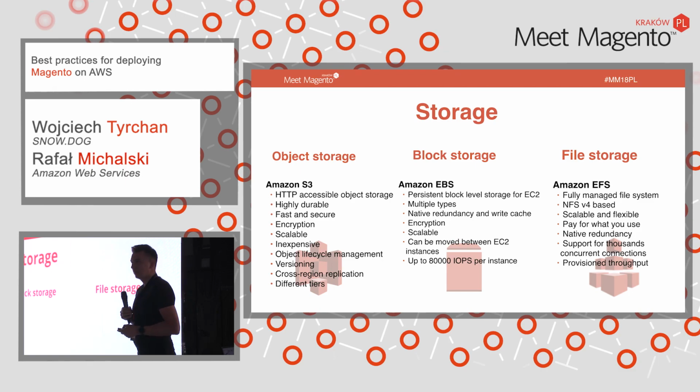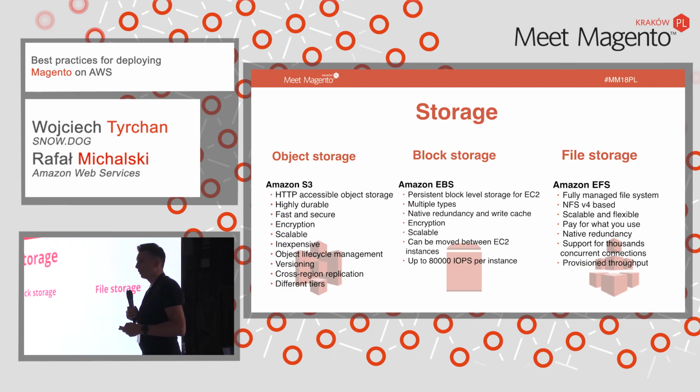It's highly durable. It's designed to provide 11 nines of durability, so you can be sure that your data will not disappear. It's fast and secure. You can use access control lists or bucket policies to secure each and every object within the S3 bucket.